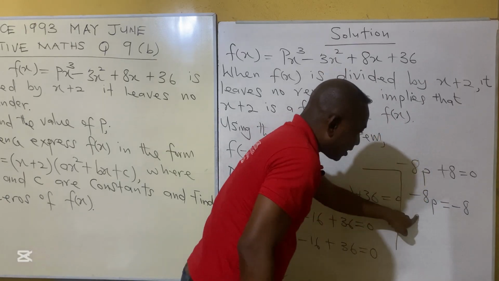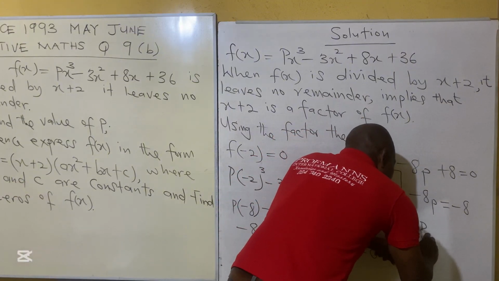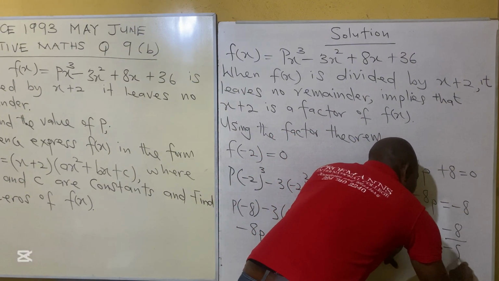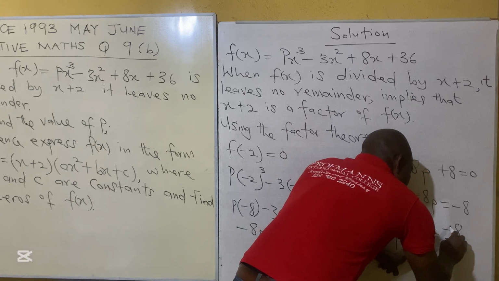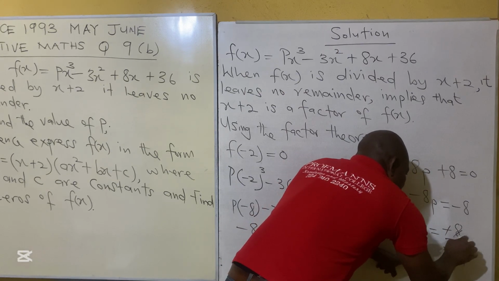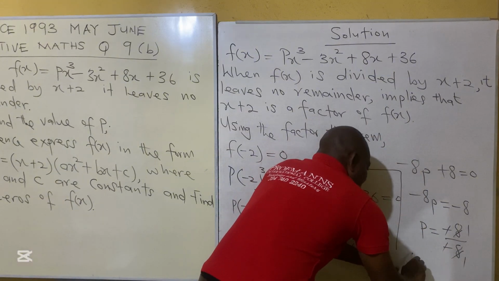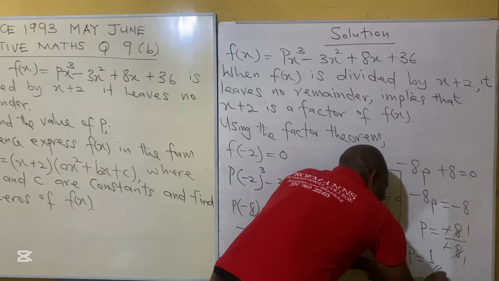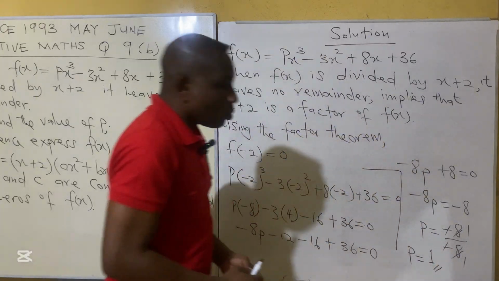Then we divide both sides by minus 8, so p is equal to minus 8 over minus 8. Negative cancels negative, 8 goes into itself once. So the value of p is equal to 1.